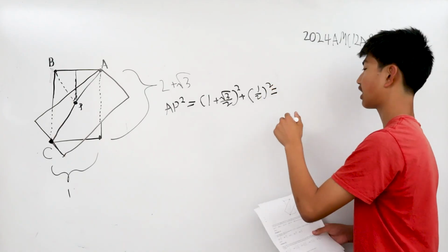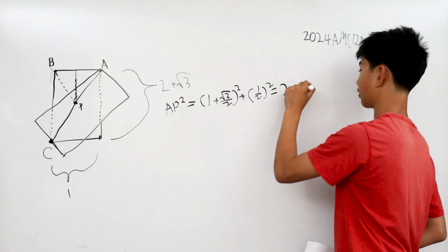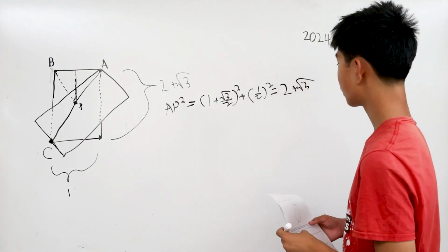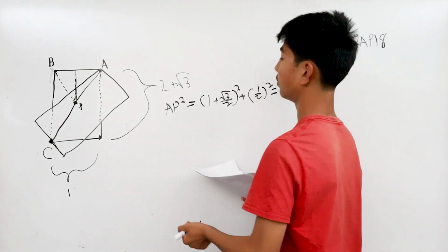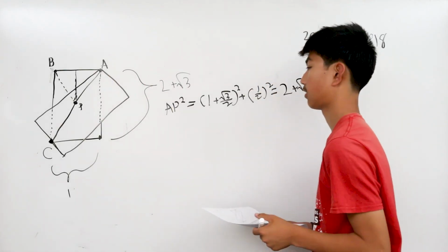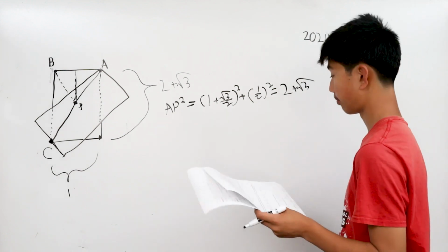When you multiply it out and sum it up, it yields 2 plus root 3. So we get that AP is also equal to this length. The figure is not drawn to scale, but it's supposed to be like that.